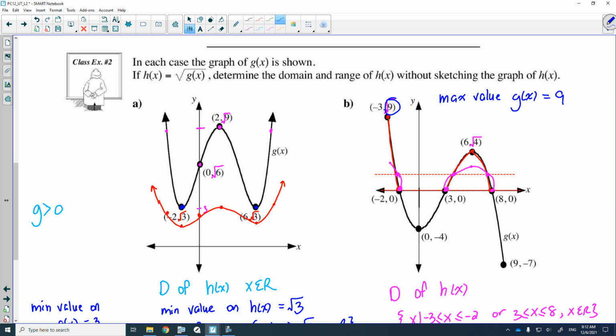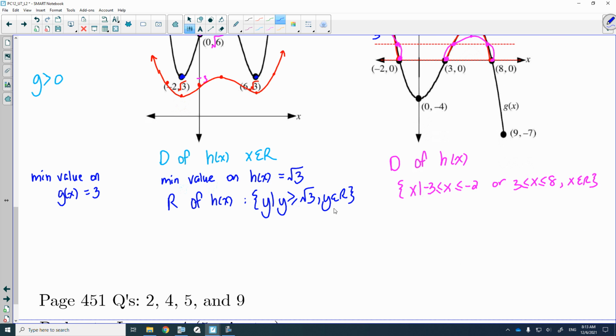What that means is the max value on square root of g of x will be the square root of 9, which is 3. This here is going to be our maximum range. So let's just write that. It would look like the following: y is such that y is less than or equal to 3, greater than or equal to 0. And then again, y belongs to the element of the reals.